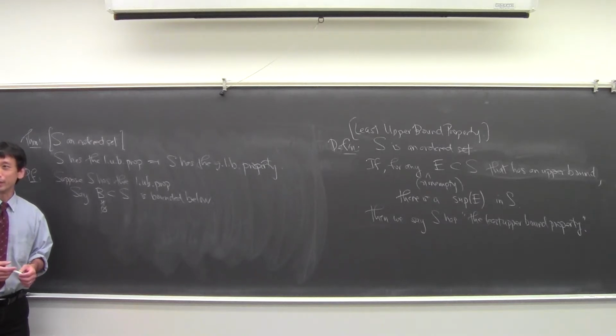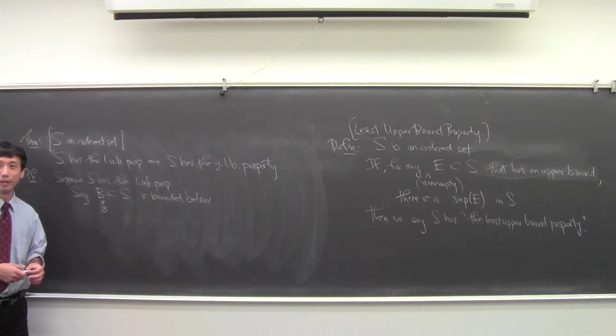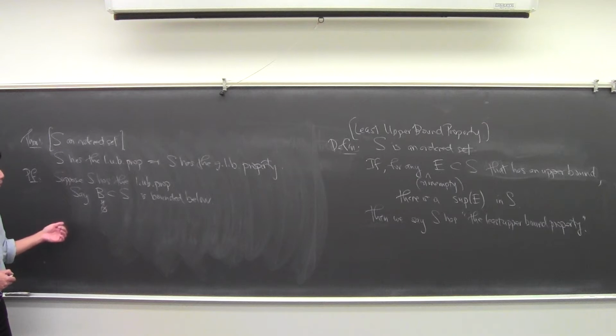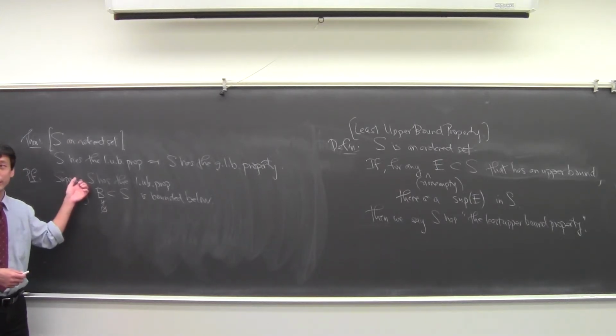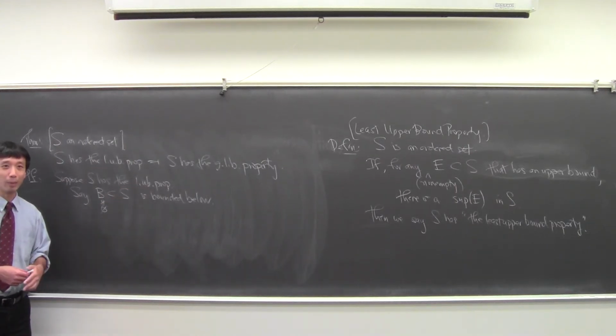Can anyone tell me the strategy? Does anyone remember from reading the book what the line of the proof is? We want to find the greatest lower bound, right? We know that the set has the least upper bound property. How do we use the least upper bound property to get a greatest lower bound?